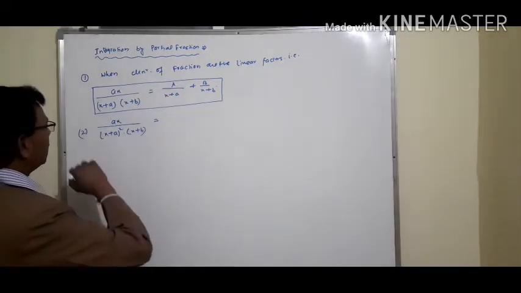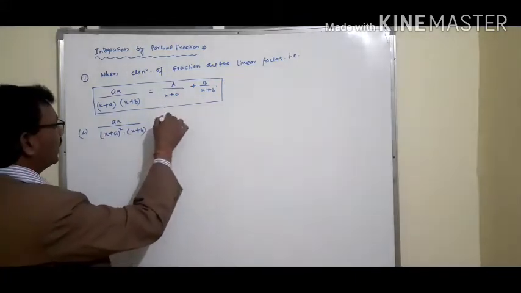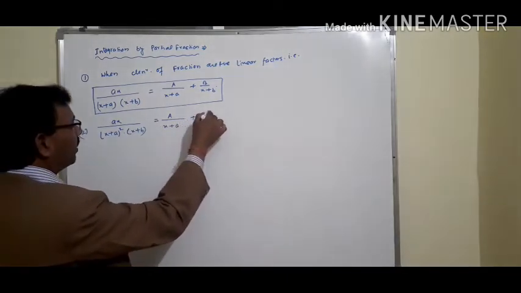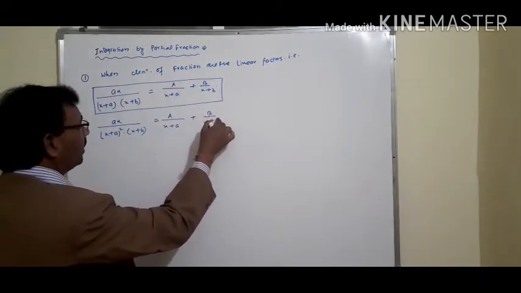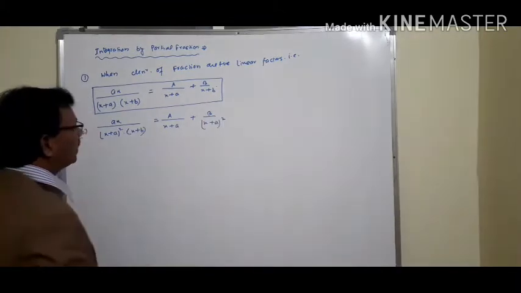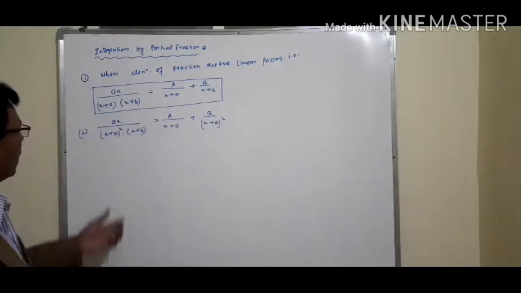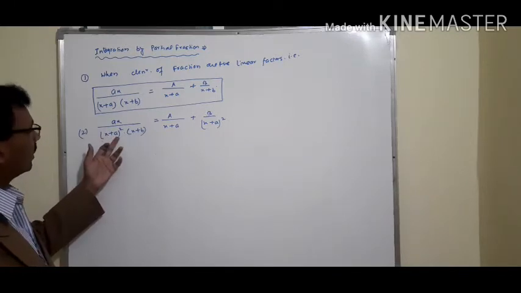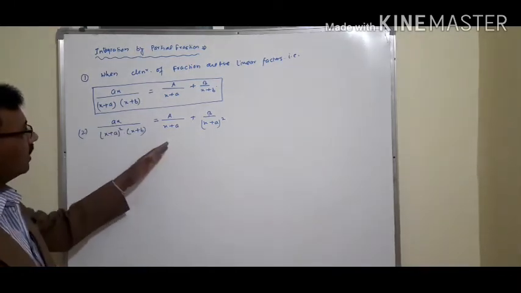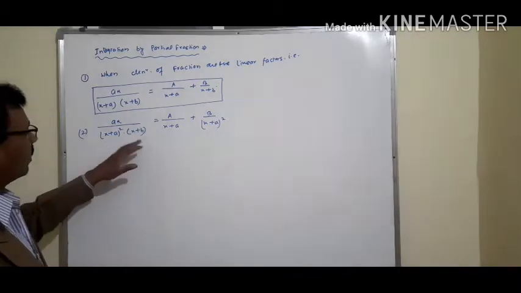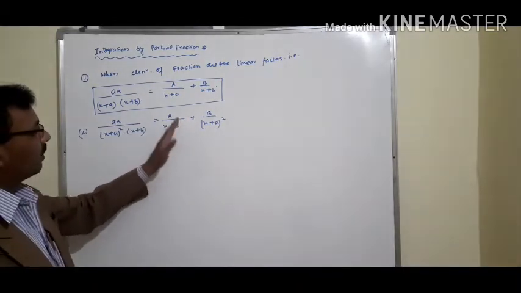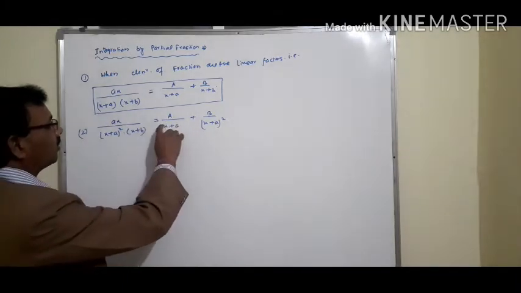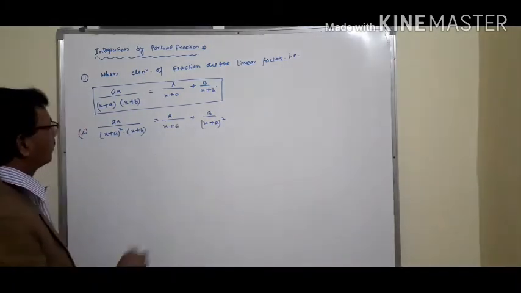So in this case we should write A upon x plus a plus B upon (x plus a) whole square. That means we should start from power 1 and increase gradually with different constants, using the positive sign between each two terms.